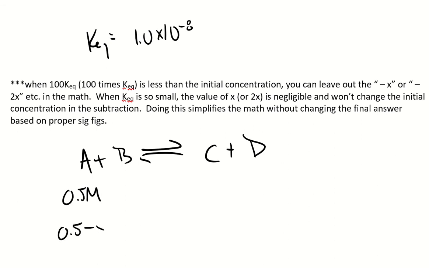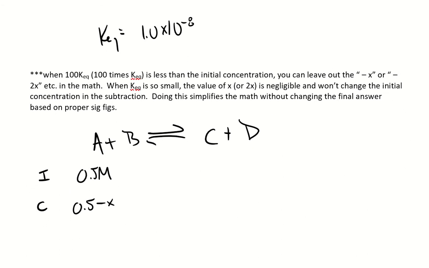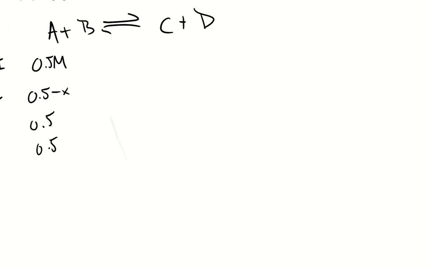So for our equilibrium concentration of 0.5 minus x, well, we can simplify that just to 0.5. And therefore, at equilibrium, the concentration would remain the same. The idea here is yes, to simplify the math, but it's also that because of the magnitude of KEQ, there's going to be an insignificant shift in matter from reactants over to products.